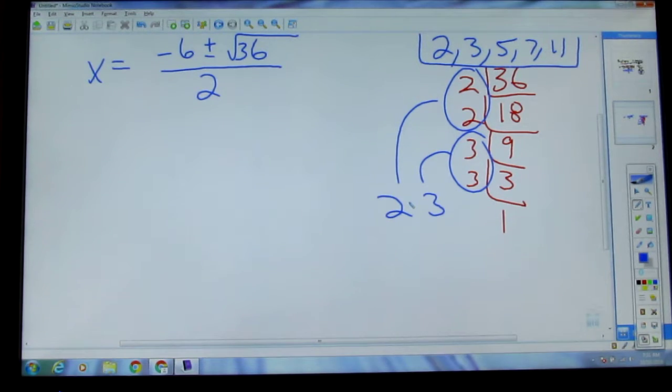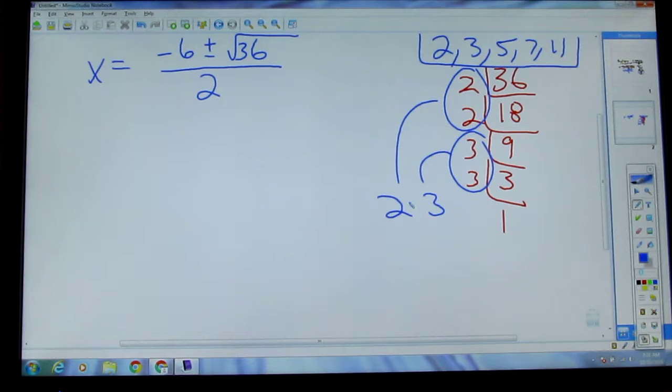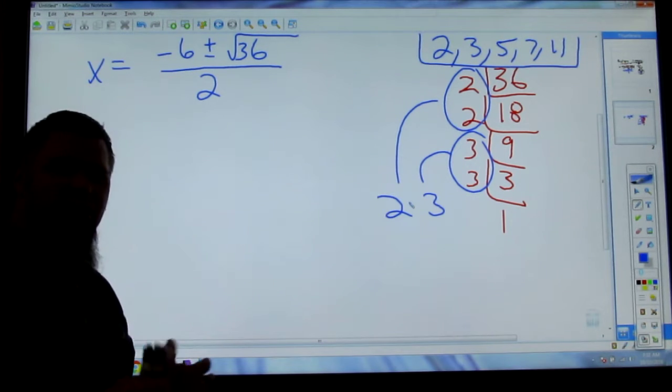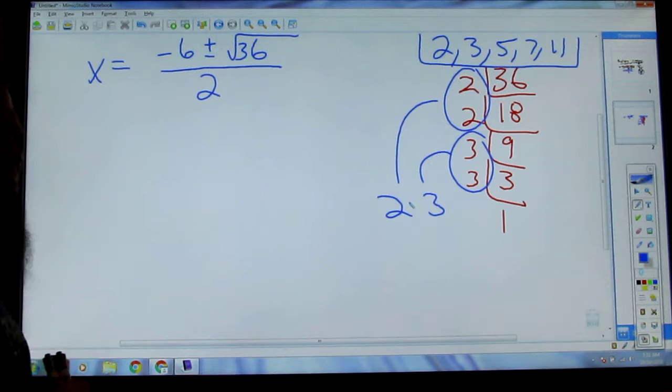And then you can start factoring out some things, which we will get to. I think we got to it last year, a little bit, in geometry. This year you get to it at the end of this class. We'll get to trig identities. It's going to be real helpful.